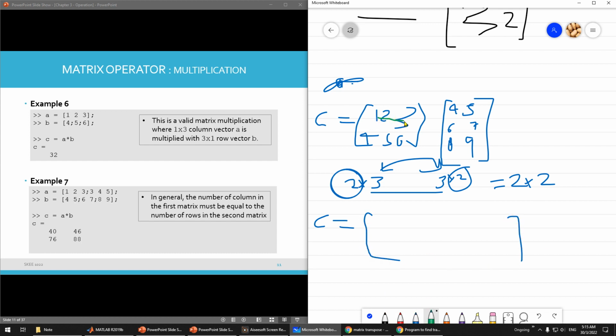First 1, 2, 3, 4, 5, 6, 1, 4. Okay, plus 2, 6, plus 3, 8. Okay, and then for the bottom one, 4, 5, 6, and then multiply by 4, 6, 8.